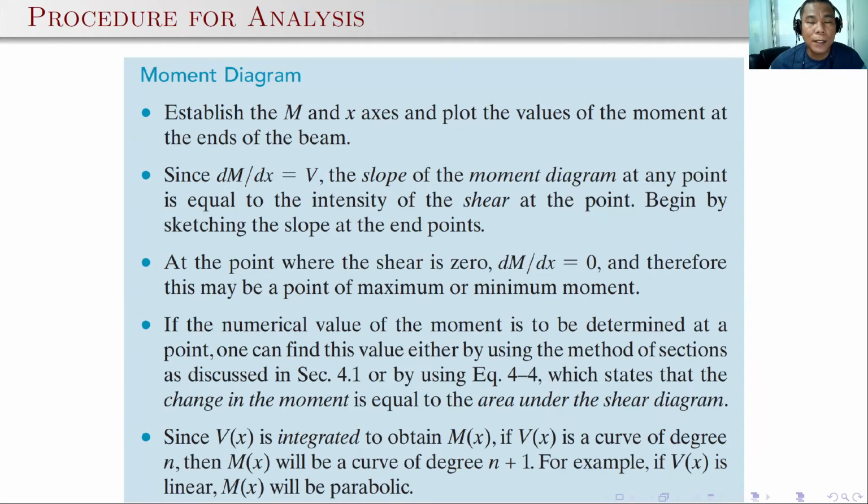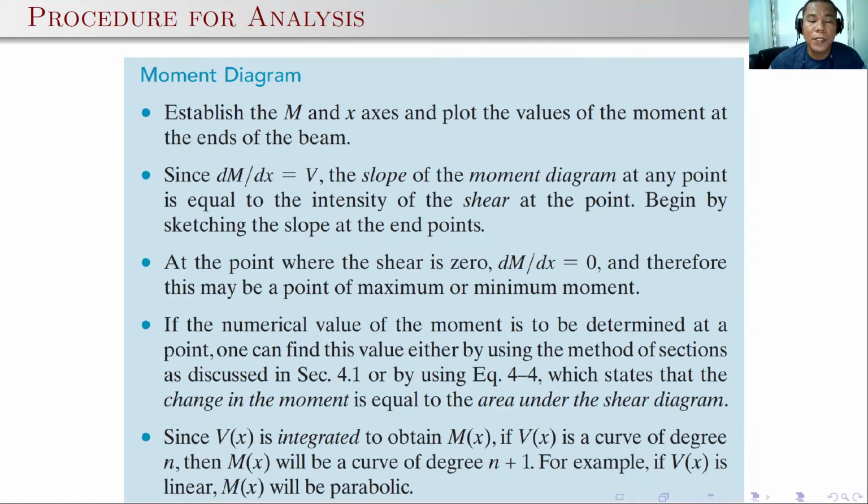For the moment diagram, we also have to establish the M and the x-axis, and we have to plot the values of the moment at the ends of the beam. And since the change in the moment is equal to the shear V, the slope of the moment diagram at any point is equal to the intensity of the shear at that point. Begin by sketching the slope at the endpoints.